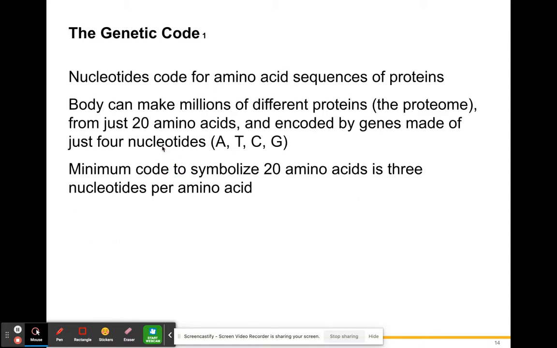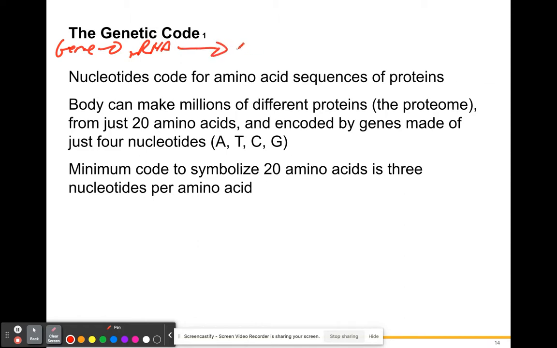Okay, the genetic code. So nucleotides, like we said before, these A's, T's, G's, and C's, they code for an amino acid. Like I said before, we have a gene. The gene gets turned into mRNA, which we'll talk about in a moment.